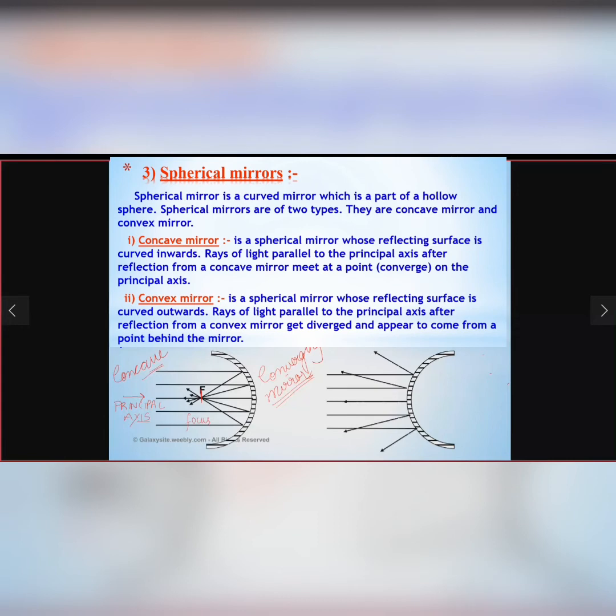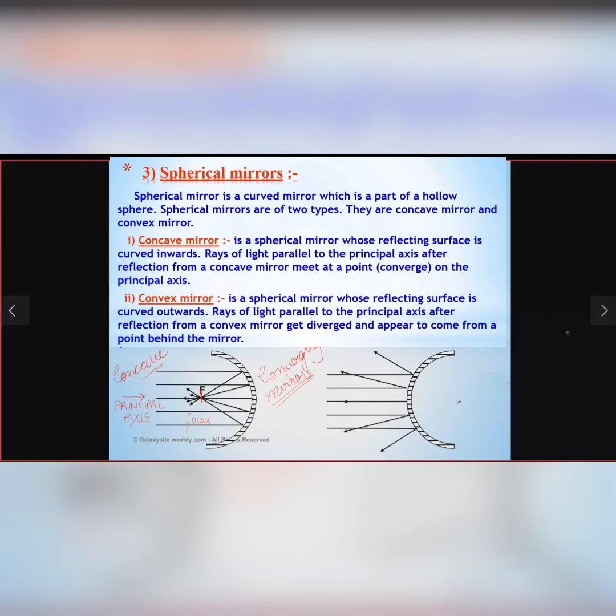So after reflection, what has happened? All the rays have moved away from each other. So this type of a mirror, which causes the light to diverge, is called a diverging mirror. This is called a diverging mirror.